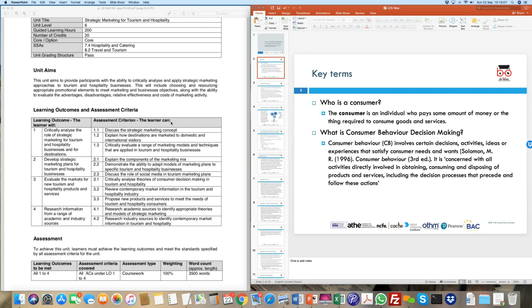It helps us in this sector to use the marketing mix to target products or offerings based on the types of customers that we want to reach and the types of products that we look at, and that relates to the 5 different concepts that we also looked at in learning outcome 1.